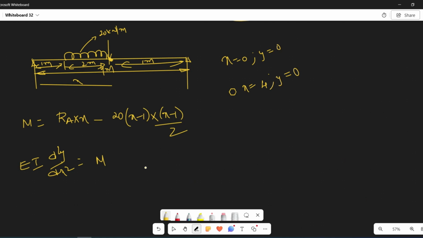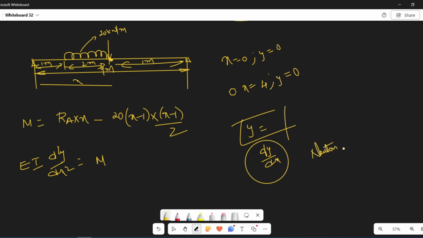If you think it is taking too much time, write the governing equation for y and dy by dx. Then say that you will use the Newton-Raphson method. There are other methods, but I would prefer this one. We used to solve these kinds of problems with the Raphson method.